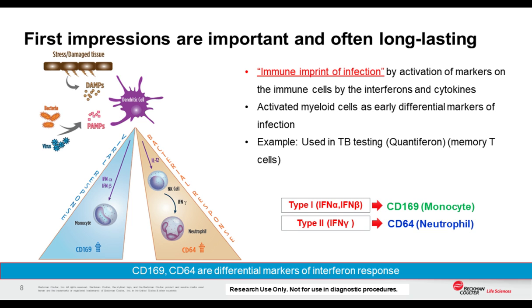Interferon type 1, interferon alpha and interferon beta, specifically upregulate the expression of CD169 on monocytes and is specific for viral infections. Type 2 interferons, that is interferon gamma, specifically upregulates the expression of CD64 on neutrophils, which is specific for bacterial infections.